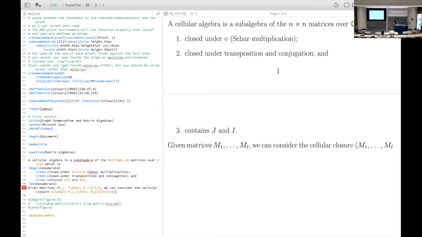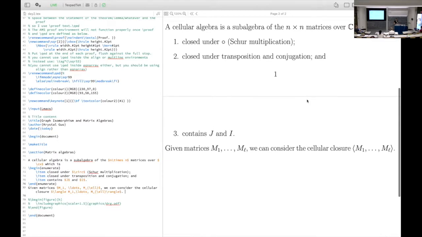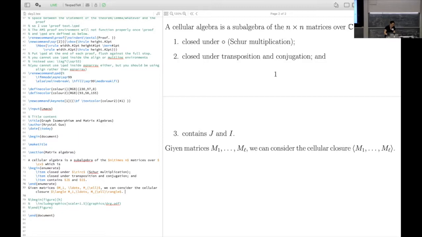Is there a confusion? They're complex matrices, potentially, so it has to be closed under conjugating every entry of the matrix. So conjugate transpose will be a thing, but we're also allowing it separately.